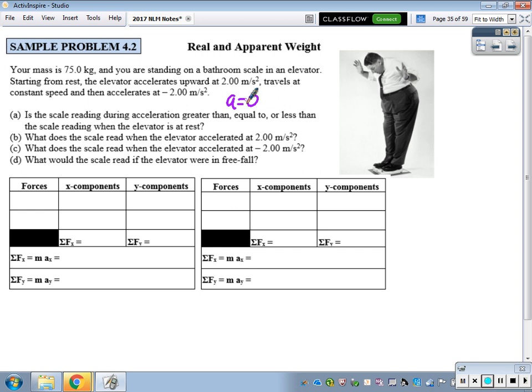It is going to appear to be less when the acceleration is negative. On the vertical axis, if you are accelerating downwards, your apparent weight is going to appear to be less. And it is going to be greater when the acceleration is positive. Trick question, but not really. When the elevator is at rest, is it accelerating?